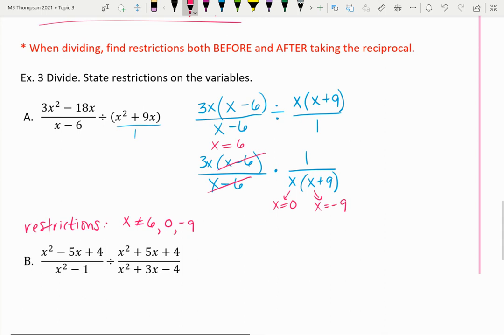There's something else that'll cancel. The x's. So on top, I'm left with 3 times 1. That's just 3. And that cancels, and that cancels, and that leaves me with x plus 9 in the denominator.